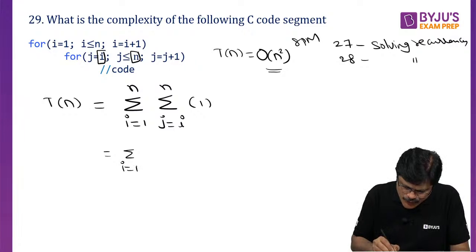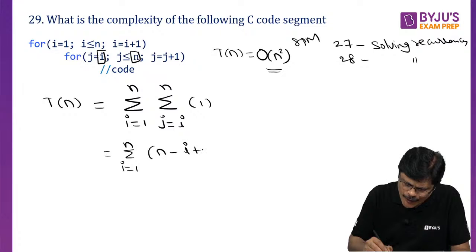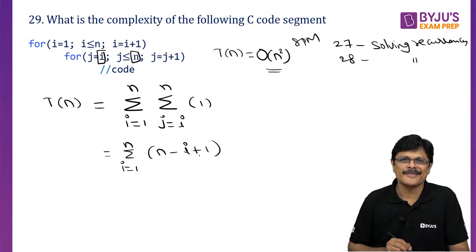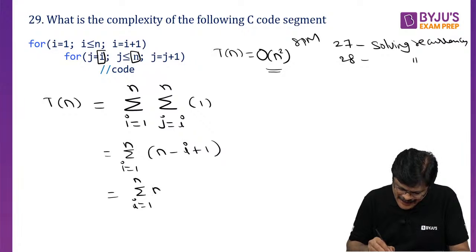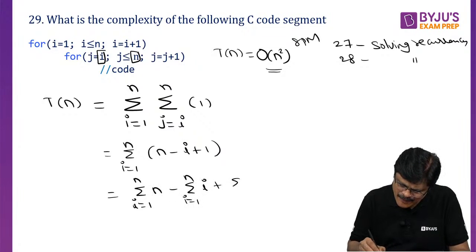Now here you see, I is equal to 1 to n. Upper bound minus lower bound plus 1. Now you can write it as sigma I is equal to 1 to n of n, minus sigma I is equal to 1 to n of I, plus sigma I is equal to 1 to n of 1.